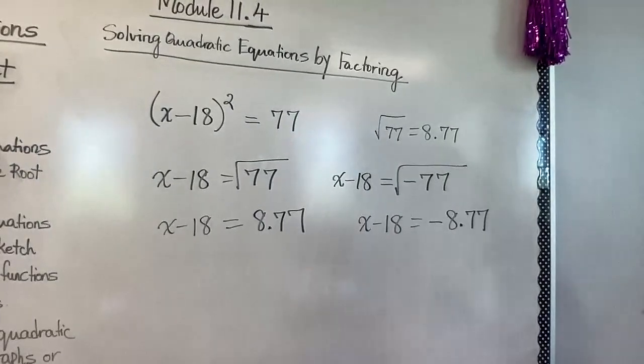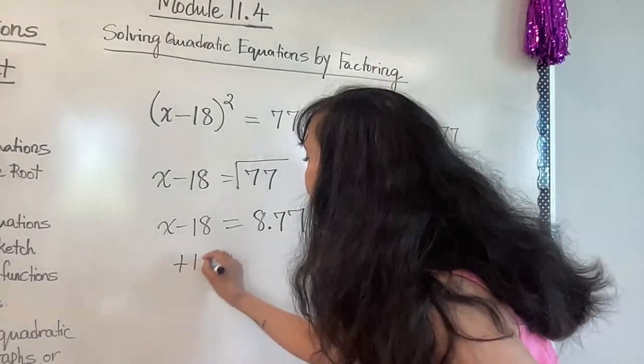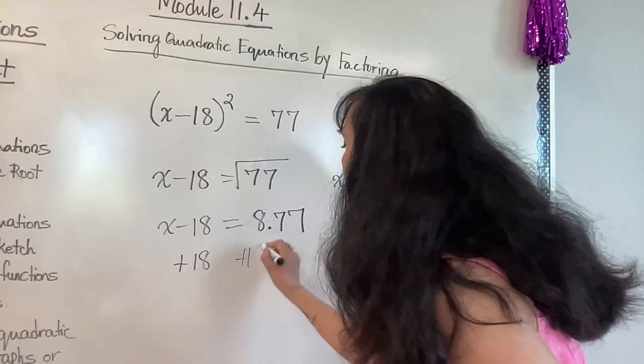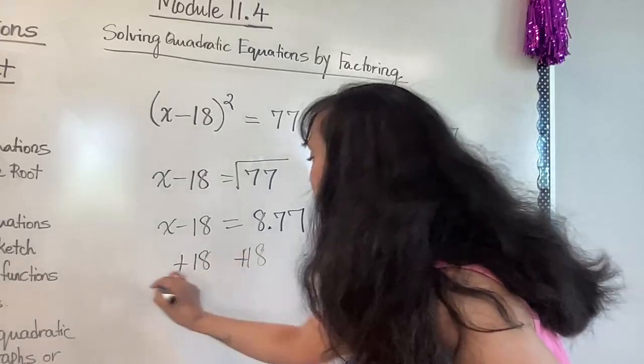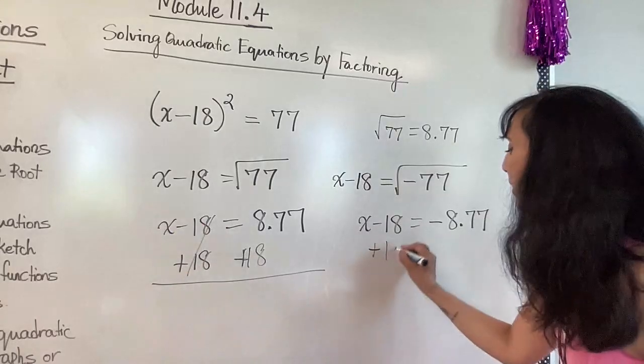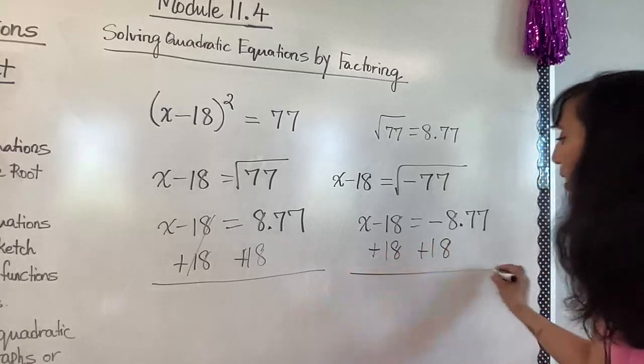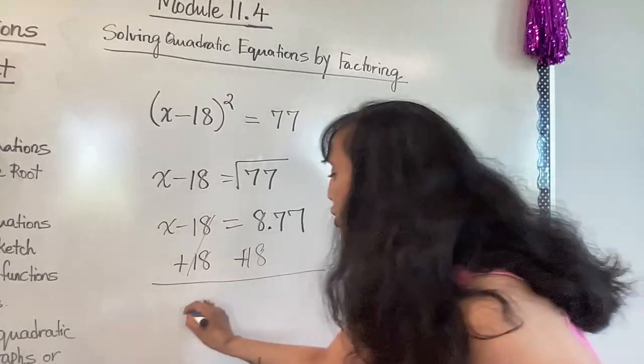Okay, and then I am going to go ahead and solve. I am adding 18 to both sides of the equation using the addition property of equality. Okay, and I end up with my solution.